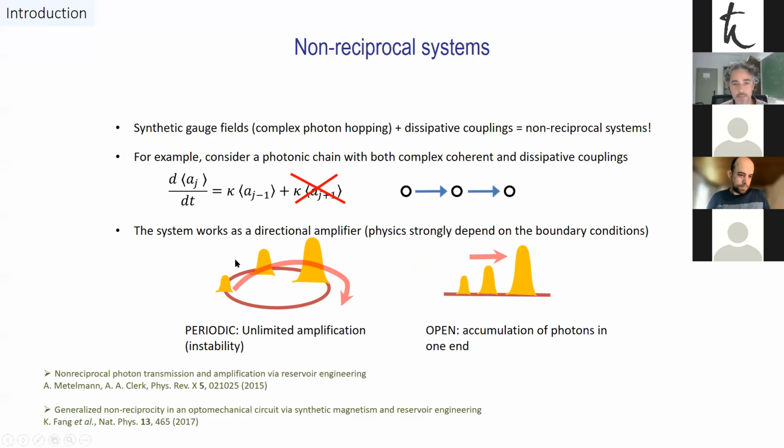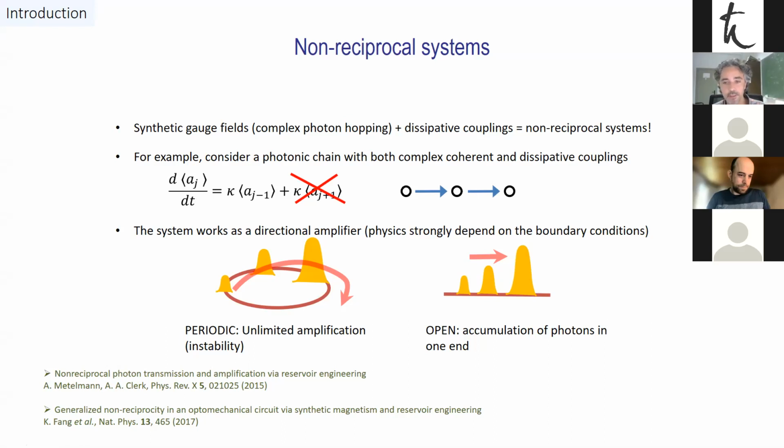By this, I mean that there could be amplification, for example, of a coherent signal in a single direction. So directional amplification is a phenomenon that is, I would say, well understood in a sense. And somehow it has some properties in common with topological systems.